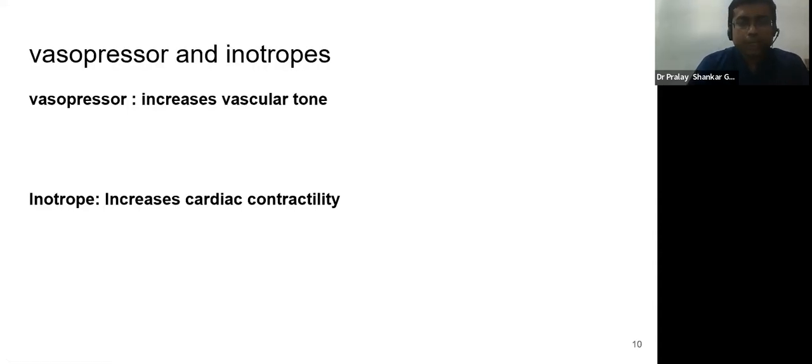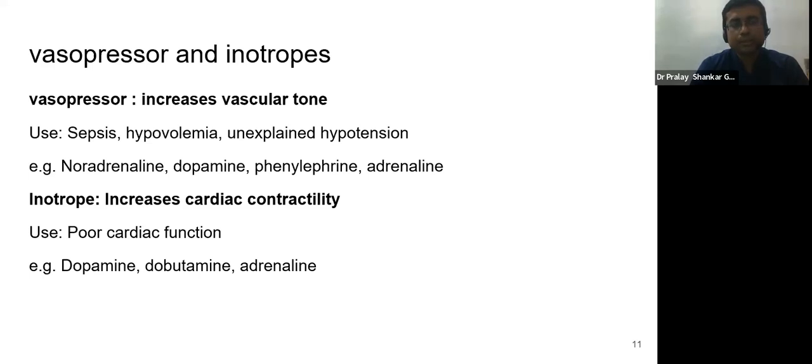So some knowledge about vasopressors and inotropes. When we think of increasing vascular tone in specific situations, then we use vasopressors. And when we think about increasing cardiac contractility, we use inotropes. The situations where we use vasopressors are sepsis, hypovolemia, and unexplained hypotension in ICU.